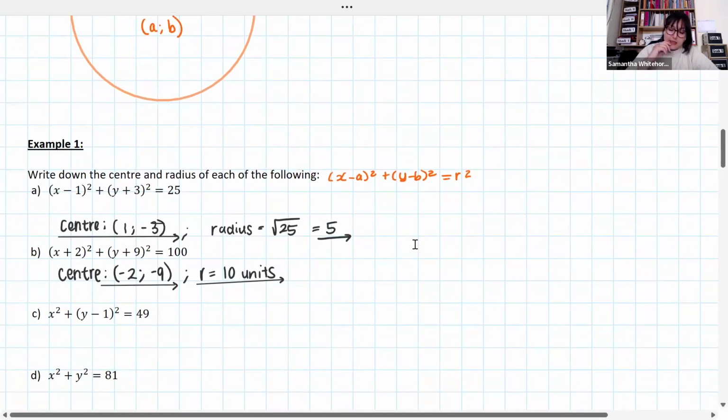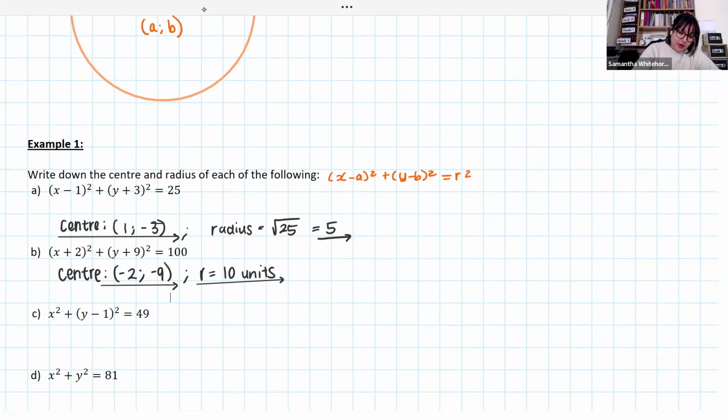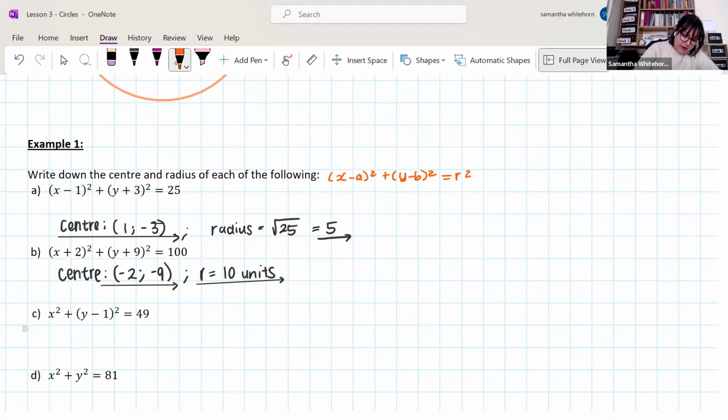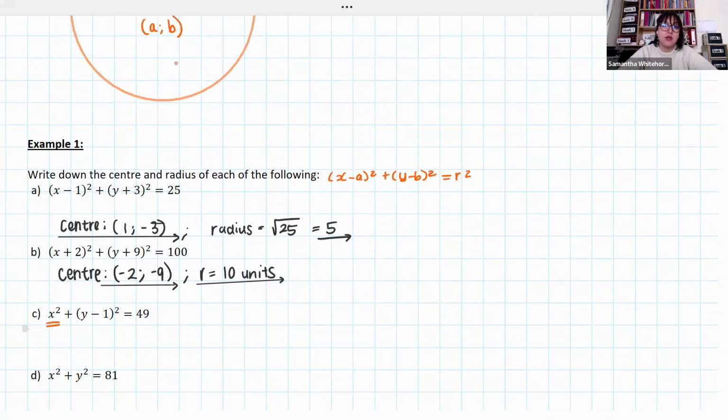Right, if we now look at C, this is a bit different, because if we have a look at the x term, you just have an x squared. In the last 2 examples, we had a bracket that was essentially a binomial of x plus or minus a value, squared, and then a second bracket of y plus or minus a value, squared.